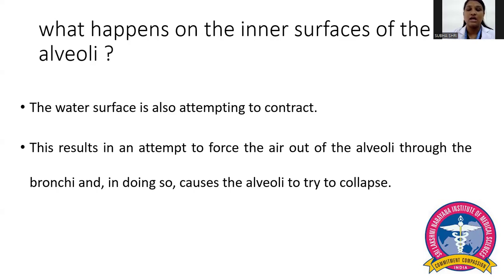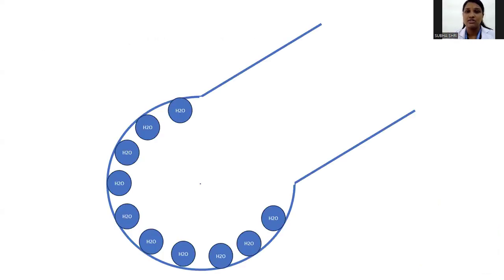Will the alveoli collapse in our lungs normally in a healthy individual? No, because the surface tension created by the air and water interface is reduced by an agent called surfactant. Okay, so what is happening? So imagine this is our alveoli.